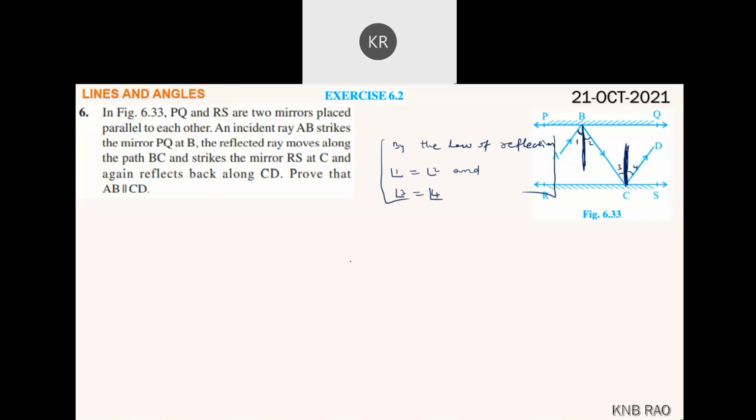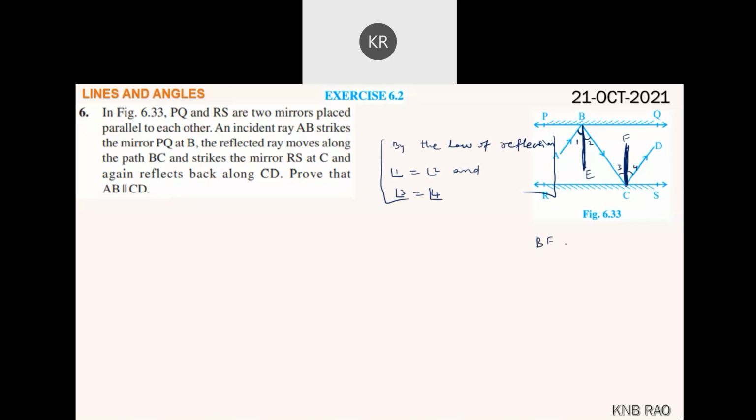Now, we also know that this perpendicular which we have drawn, let's say BE, and this perpendicular CF. BE perpendicular to PQ, CF perpendicular to RS will become parallel to each other.